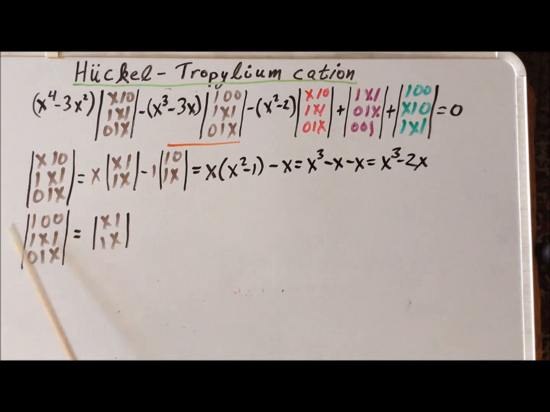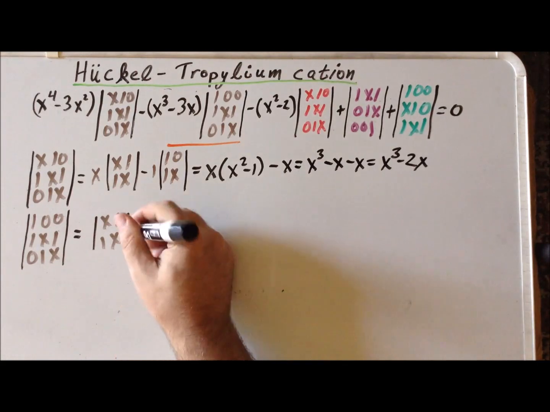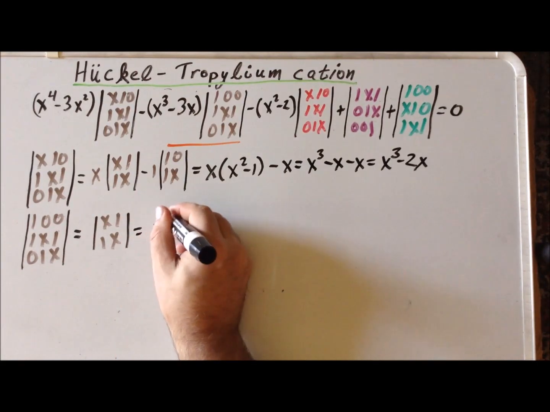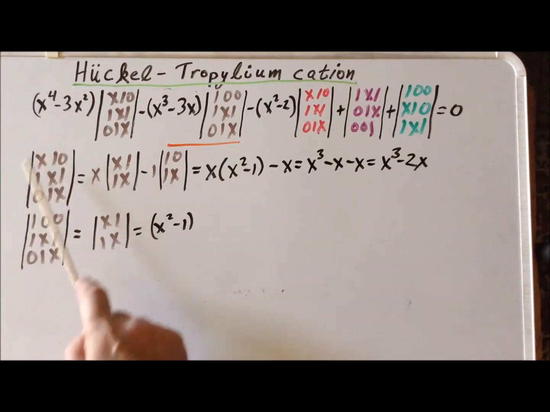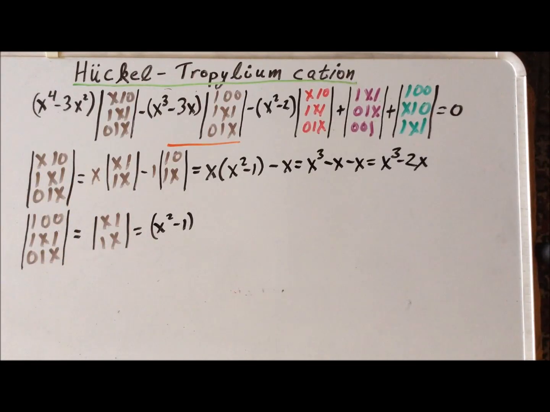For the second brown 3 by 3 determinant, we're going to expand across the top because we only have one non-zero entry. So this gives us 1 times x, 1, 1, x, which is simply x squared minus 1. Notice also that the red 3 by 3 determinant is exactly the same as the first brown 3 by 3 determinant.